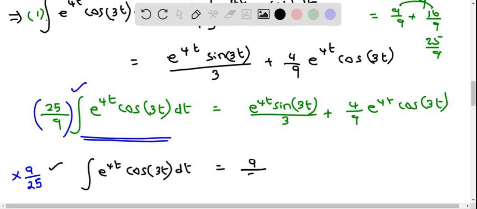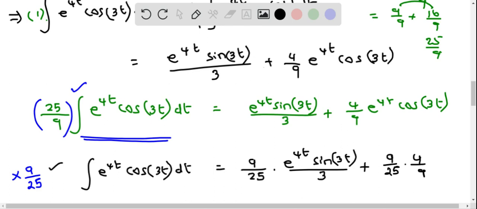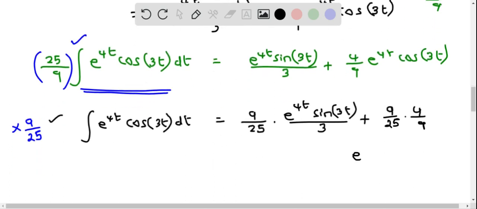So we will multiply 9 by 25 times e power 4t sine 3t over 3, and then plus 9 by 25 times 4 by 9 e raised to the power of 4t cos 3t, and we can simplify this. So 9 goes into 3 as 3 times, and also we can cancel this 9 with 9. So we are left with 3 over 25.